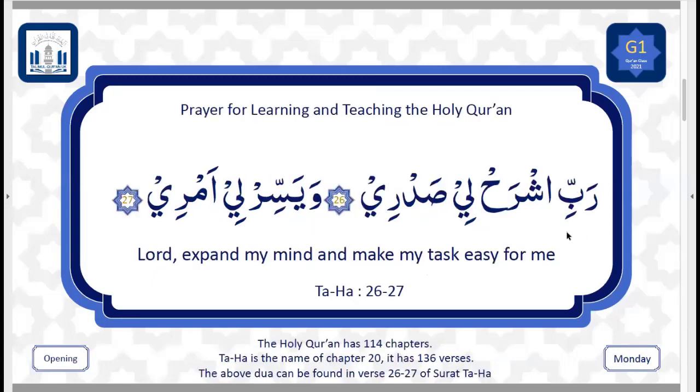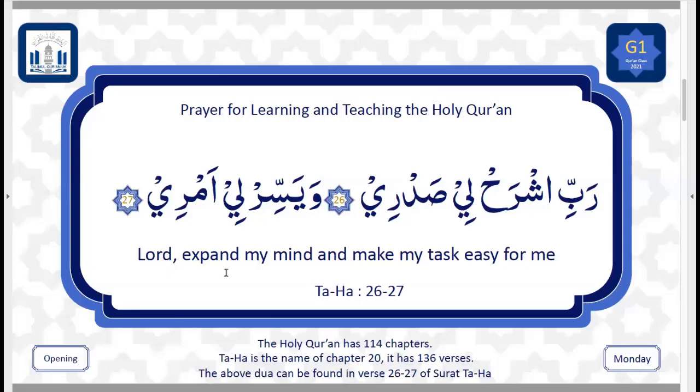Rabbi shrah li sadri wa yassir li amri. Very nicely read. Do you think you can read this translation here?